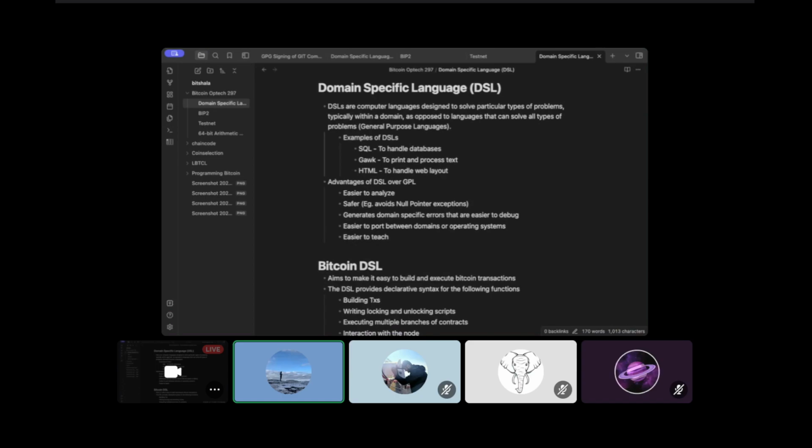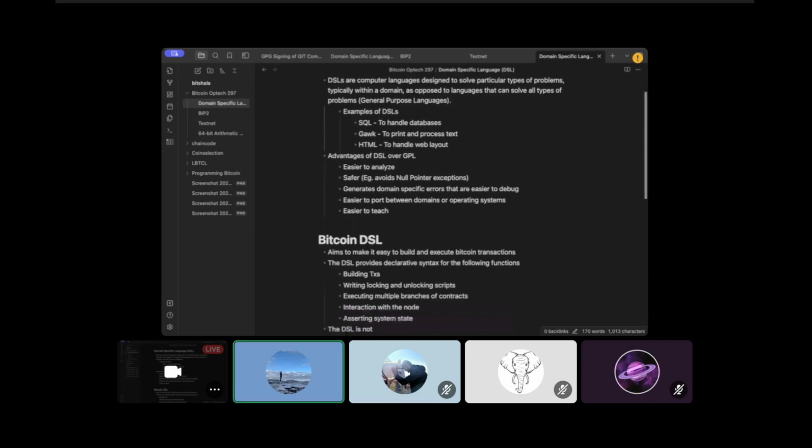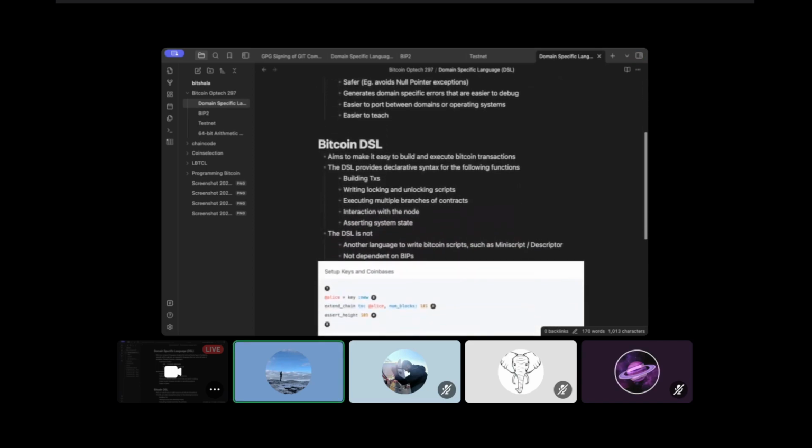Bitcoin, so the idea is to create a DSL. If we imagine what a DSL for Bitcoin can do, it can try to execute basic transactions.